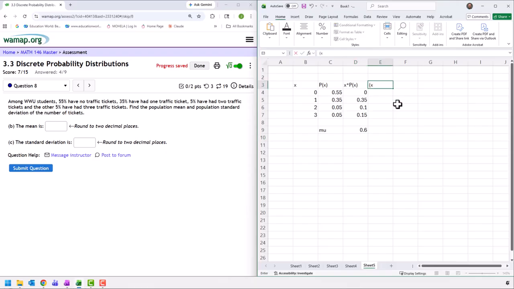So I'll do X minus the mean. Zero minus 0.6. I like to type it in there because it's a little bit quicker. Take those deviations and we square them. If you want to do this all in one, you can.